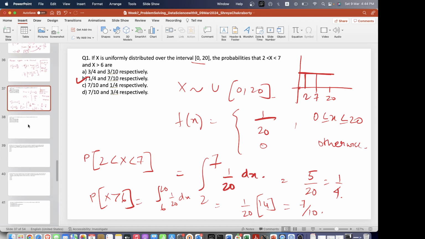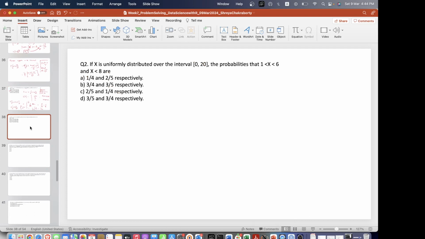Okay, then we'll move on to the next one. Again they are saying x is uniformly distributed over 0 to 20. What are the probabilities that 1 less than x less than 6, and x less than 8? Same thing: f(x) is 1 by 20 from 0 to 20, and then it's 0.